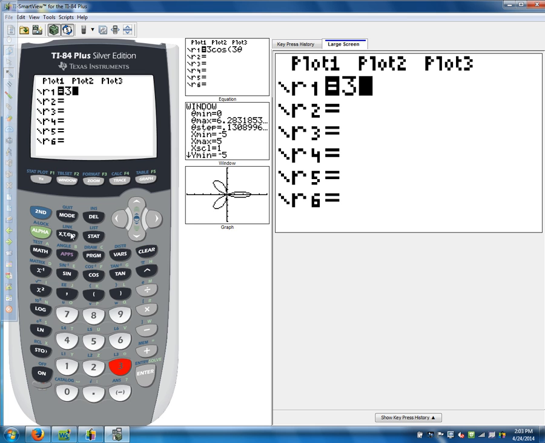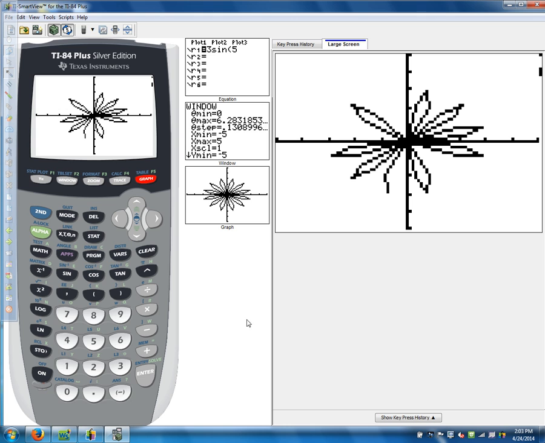Let's do 3 sine 6 theta. Graph that, and we get this rose curve with 12 petals. A nice little flower.